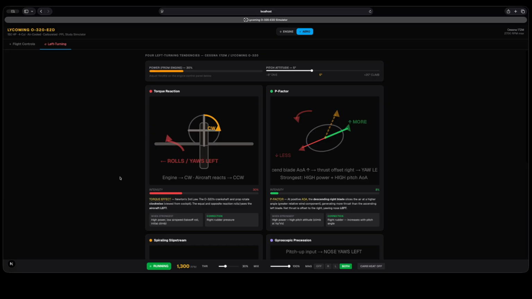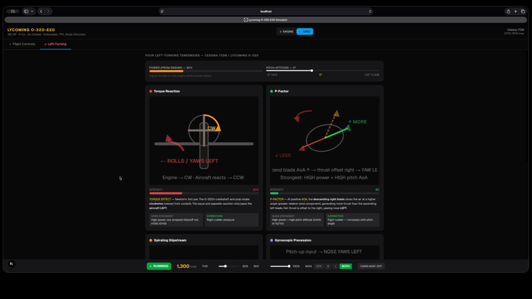More complicated is the P factor at a positive AOA. Like when you're rolling down the runway, the P factor is going to be moving the plane to the left while you're trying to go straight down the extended center line.